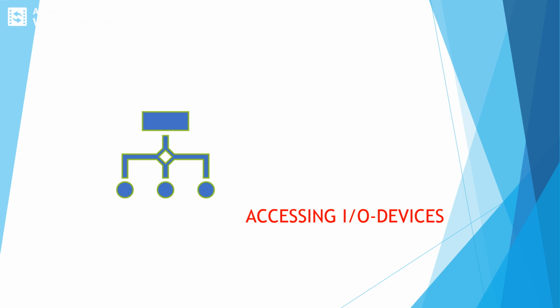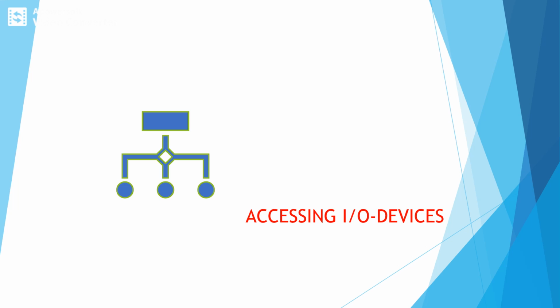A simple arrangement is connecting I/O devices using a single bus. So basically we can consider all the I/O devices are connected to a single bus. The processor, memory and all the I/O devices are connected to the common bus.